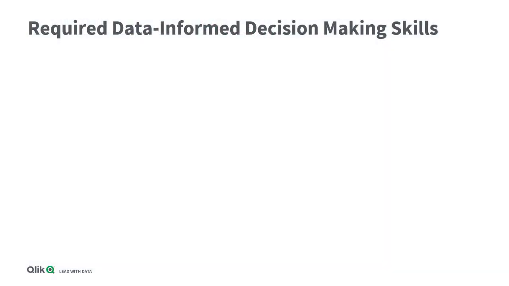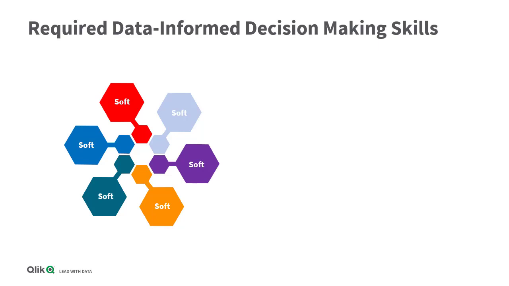Now let's talk about what skills this project team should have. Soft skills are just as important as hard skills. This area tends to be where most team members need additional training or encouragement to hone the skill. When making a decision, it is important to consider as many aspects of the decision as possible and work collaboratively.